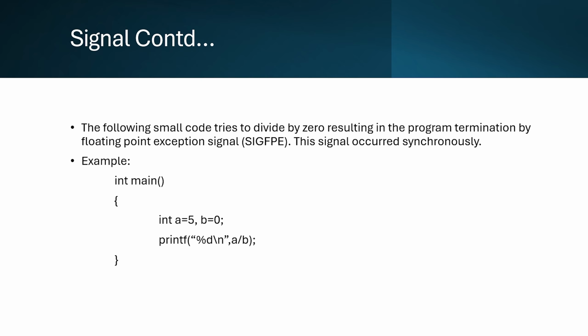This is for a synchronous signal. A synchronous signal is nothing but the source and destination being the same process. See this example here. What we are doing is dividing an integer by 0, so we got a segmentation fault here.